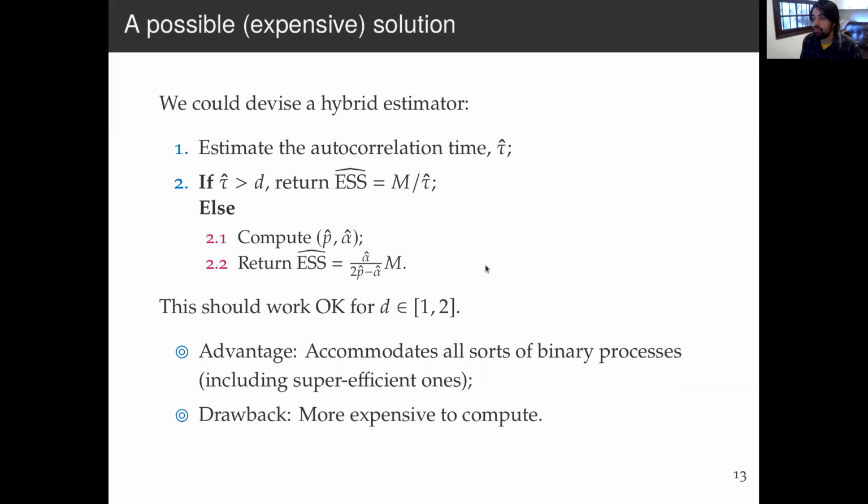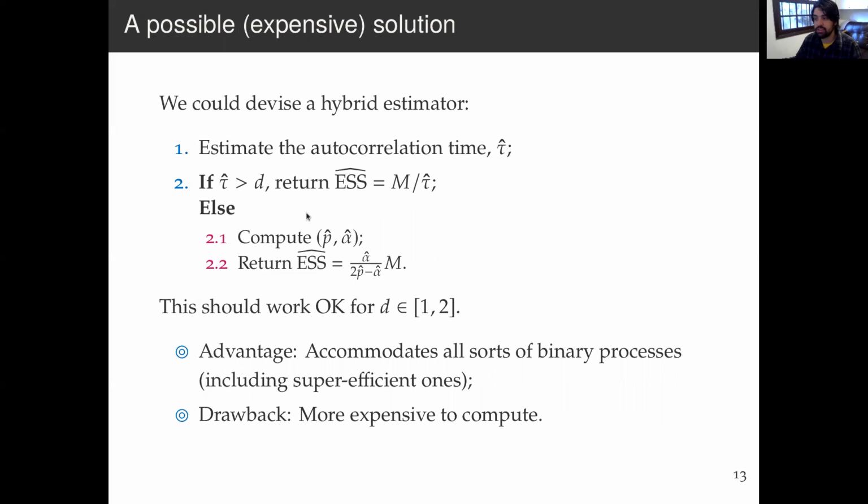Okay. So what can we do to fix that? Well, one of the things we can do is devise a very expensive estimator where we estimate the autocorrelation time directly, non-parametrically, like we always do. And if it's bigger than, say, 1 or 2, then we just return the number of draws over the autocorrelation time as we would normally.